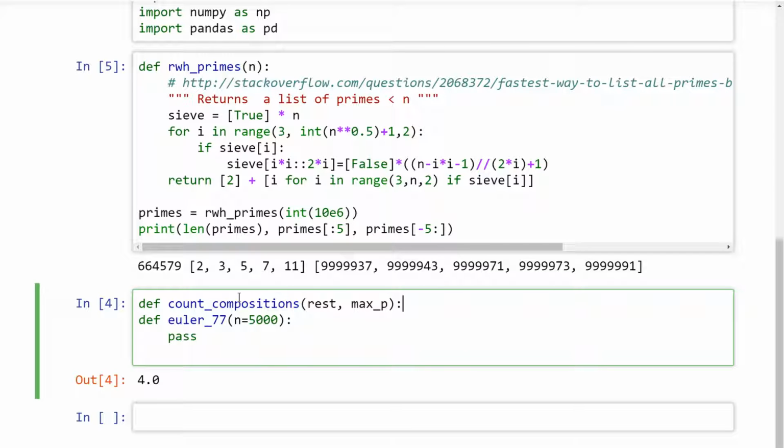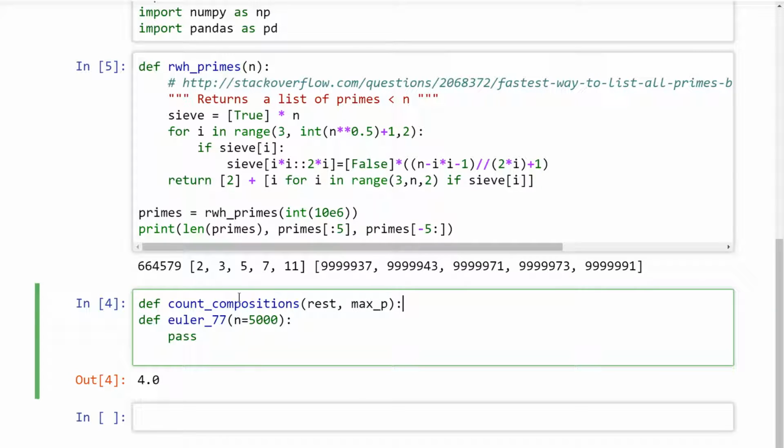For example, let's say we start from 5,000 and we're going up. We take the first prime number that is less than 5,000. No, that wouldn't work. Well, okay, so the max number is certainly the prime directly below 5,000. So that's certainly true.